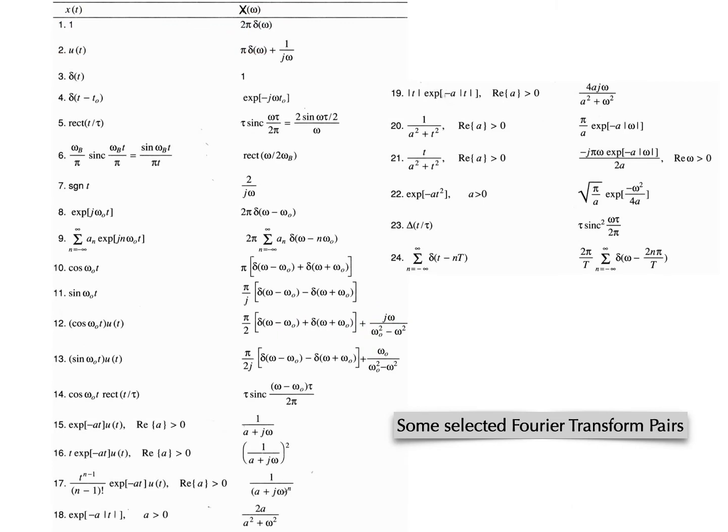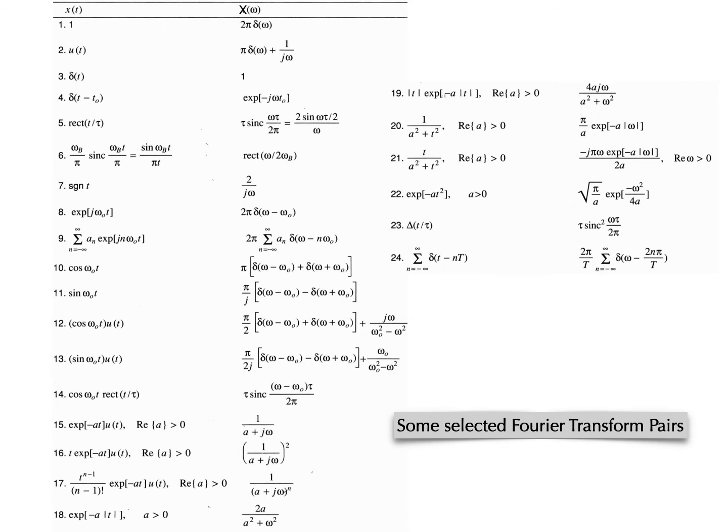Here are some of the famous functions and their Fourier transforms. The first column on the left is the function and the right column is their Fourier transform. The Fourier transform of number 1 is 2 pi delta omega, and the Fourier transform of the unit step function, which you have to do yourself, is equal to pi delta omega plus 1 over j omega.